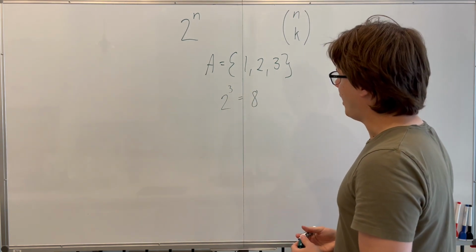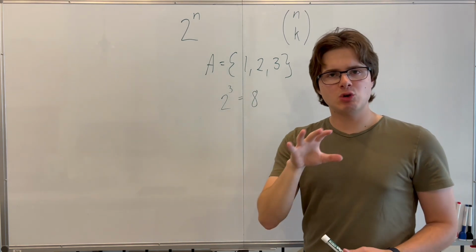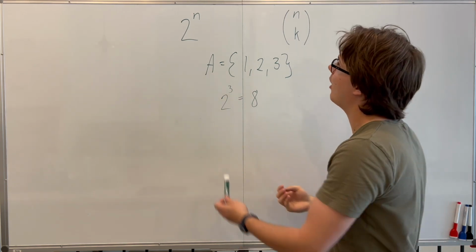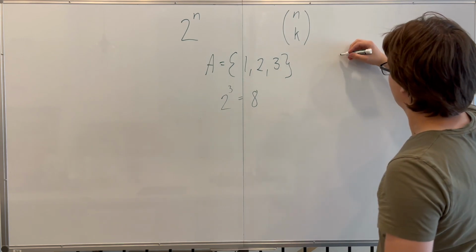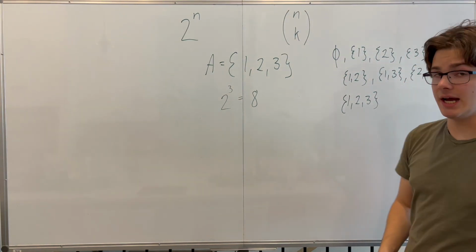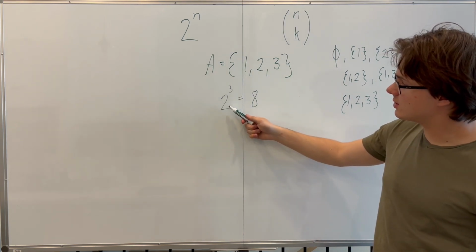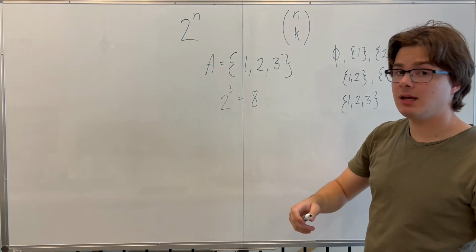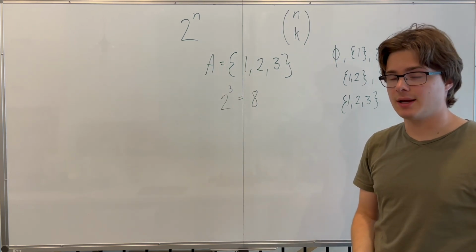Okay, but what else can we notice here? Let me quickly write out all 8 of these subsets so you can better see how these work together. Here are all 8 of our sets, and we can compute this using our equation up there, where n is 3 because A has a total of 3 elements.